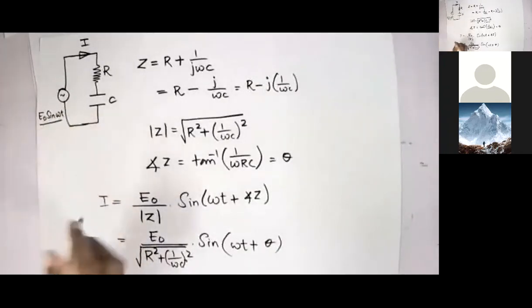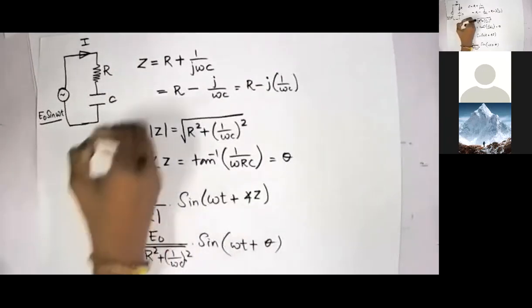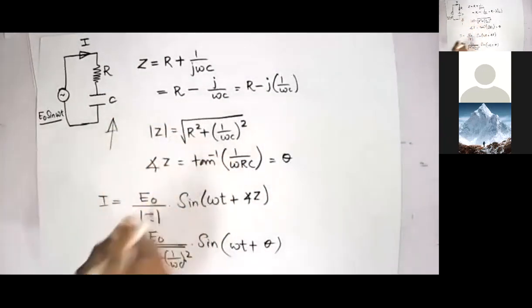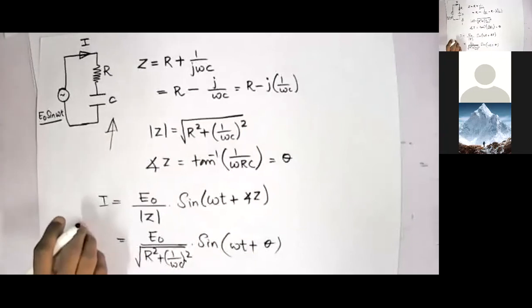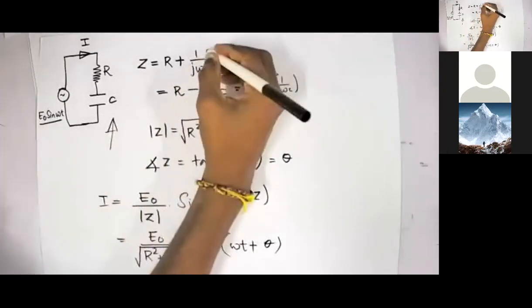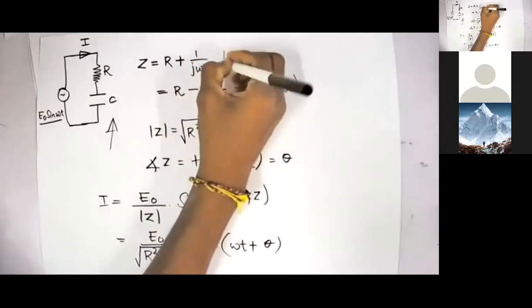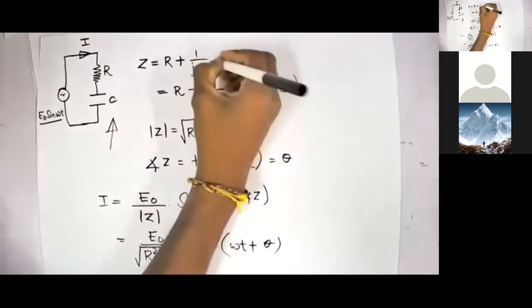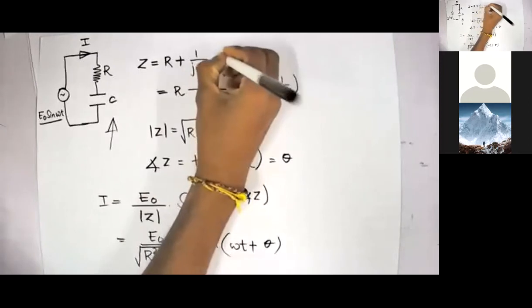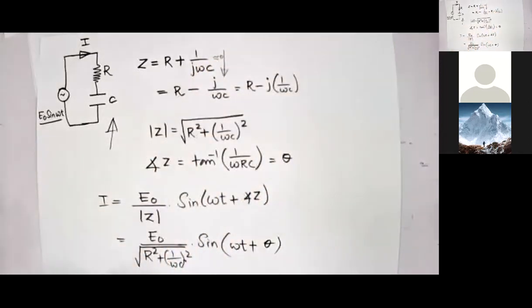Right, in this circuit, when your frequency increases, what will happen? 1 over j omega c will be decreasing and approaching 0. Am I right? When omega increases, 1 over j omega c approaches 0.